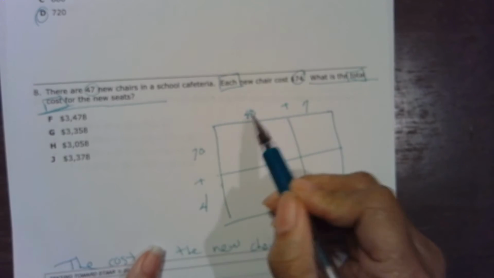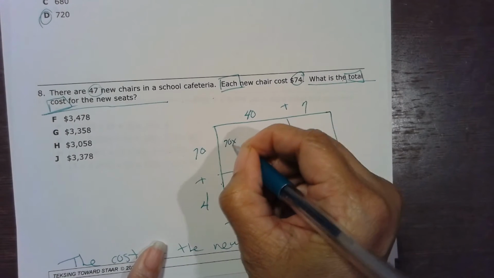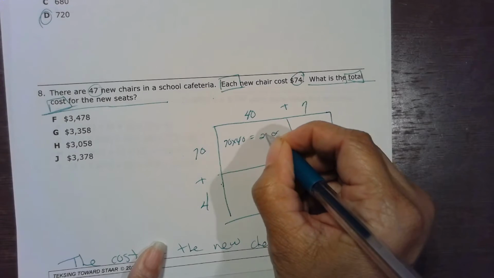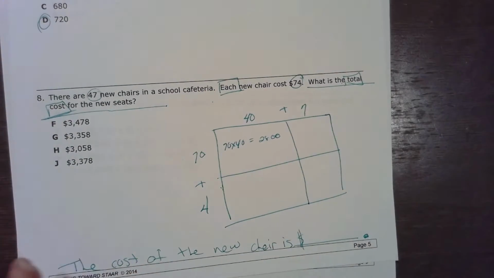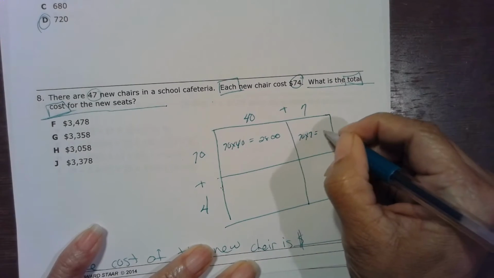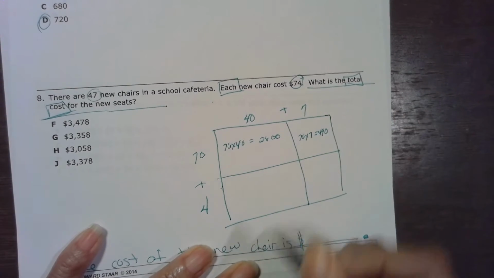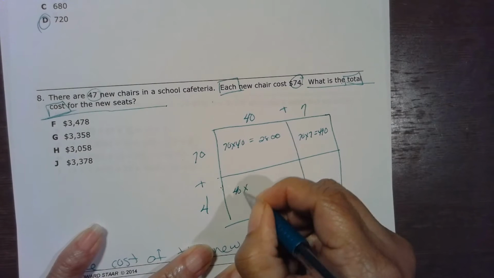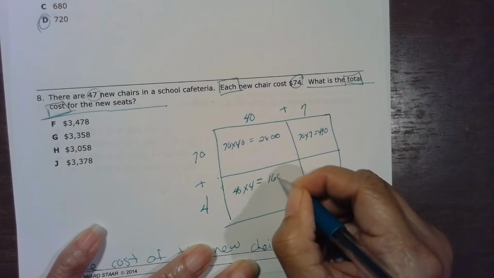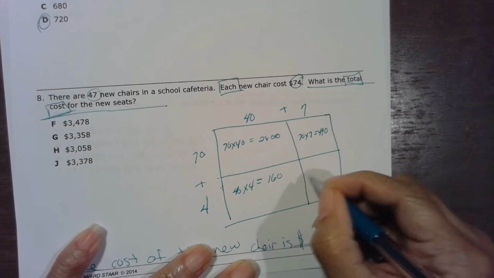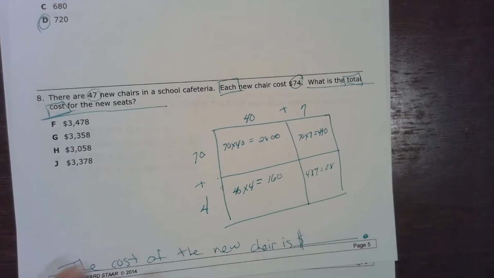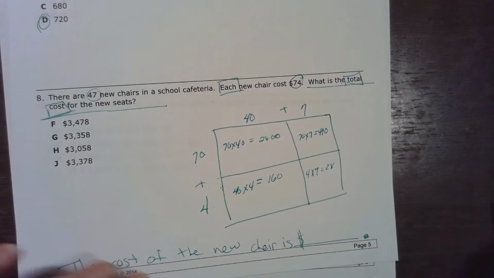So 70 times 40, 2,800. 70 times 7 equals 490. 40 times 4 equals 160, and 4 times 7 equals 28. We're going to add up all of our numbers.